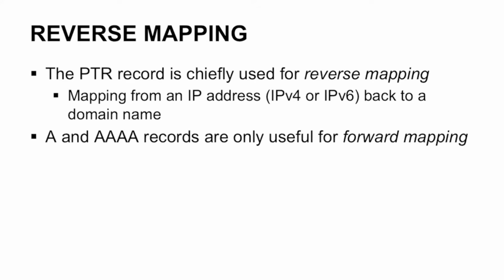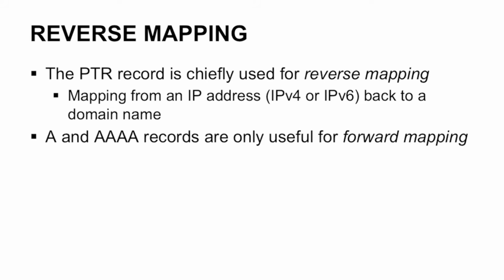The PTR, or pointer record, is chiefly used for mapping IP addresses, both IPv4 and IPv6, back to domain names. This is sometimes referred to as reverse mapping. When you think about it, the A and quad A records aren't useful for reverse mapping. Sure, it's easy to find an IP address given a domain name, but what if you're given an IP address to start with?